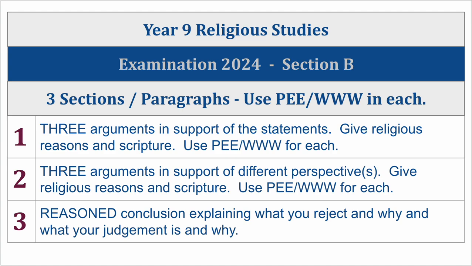And each one of those is a PEE or WWW. Then the second section or longer paragraph is the same, but the other side of the argument. And then the third section or longer paragraph is your reasoned conclusion. You're explaining why you have decided to accept one side of the argument rather than the other.